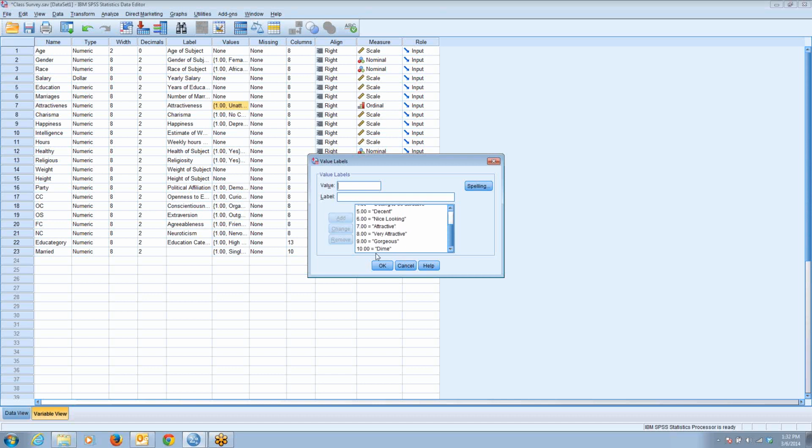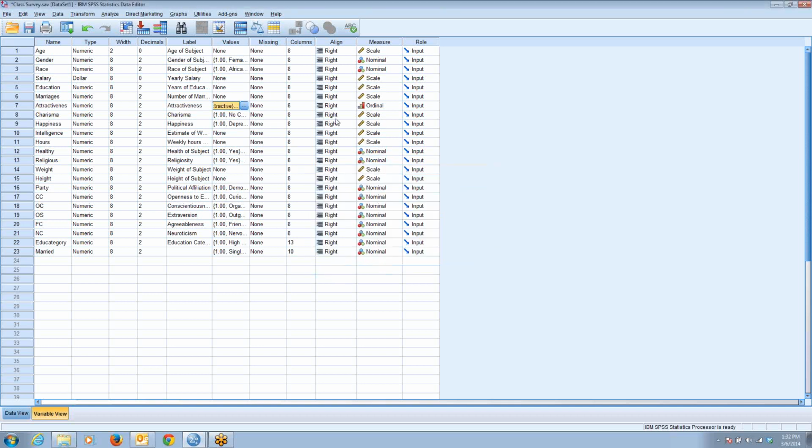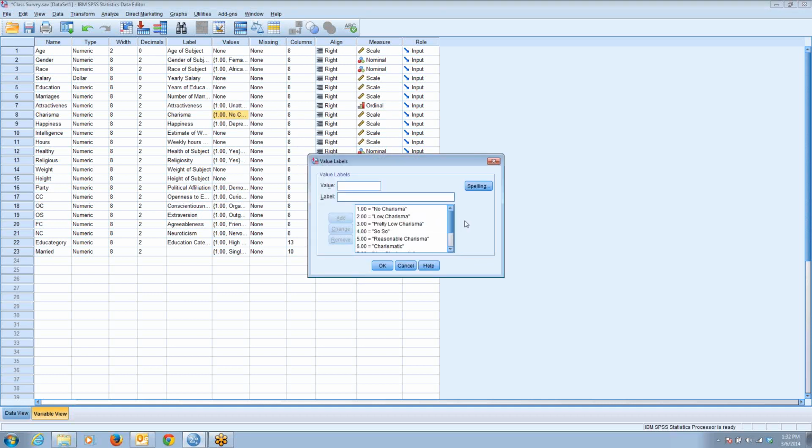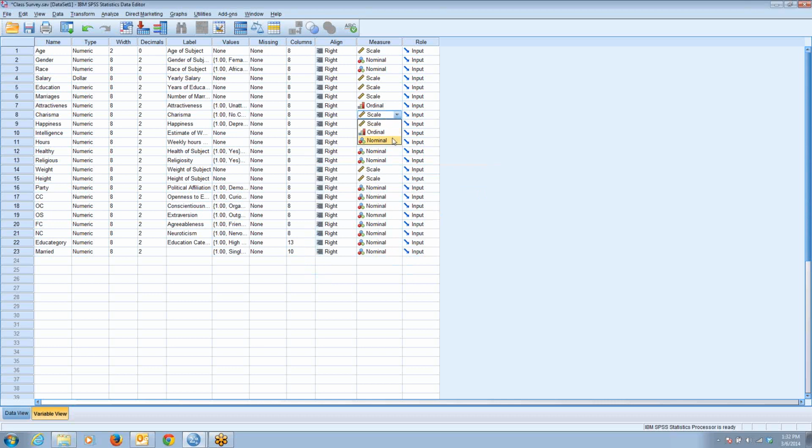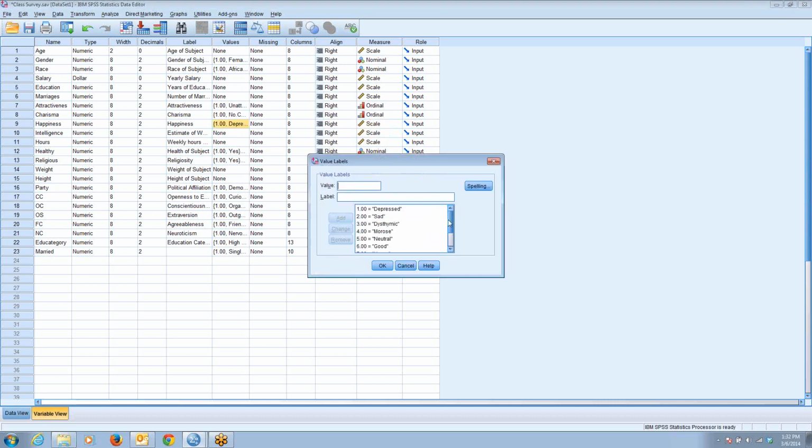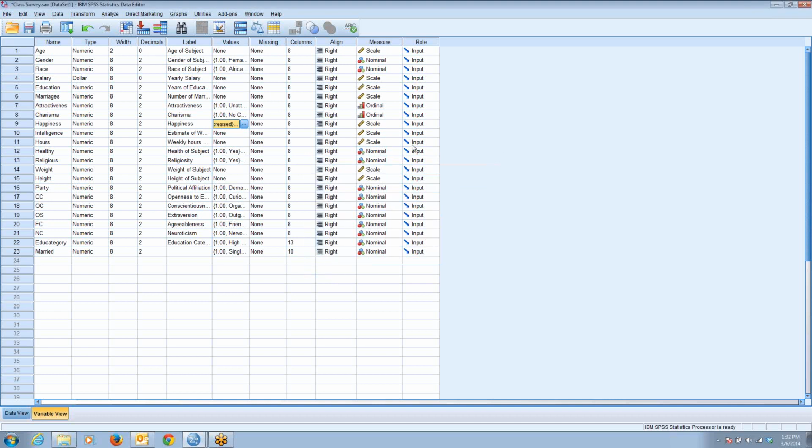We were having fun as a class, and we labeled a 10 as dime. But anyway, so that's ordinal, and then charisma is also ordinal, right? 1 to 10. And happiness, I also have on an ordinal scale.